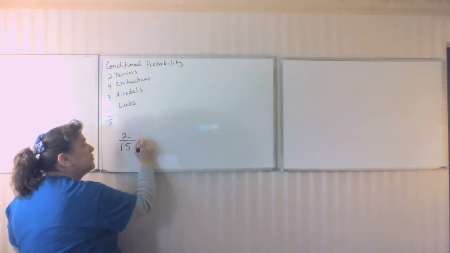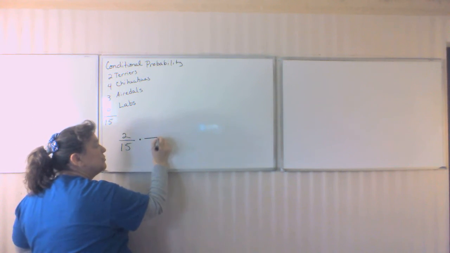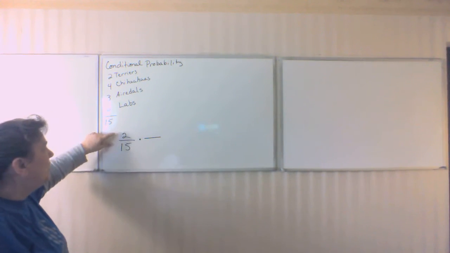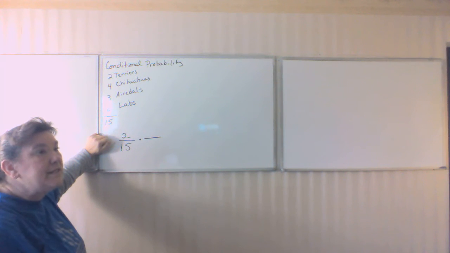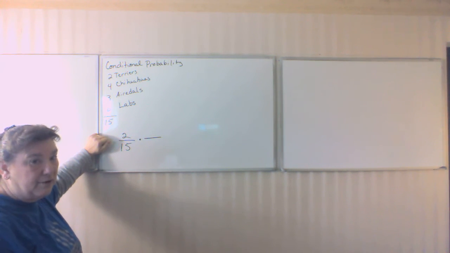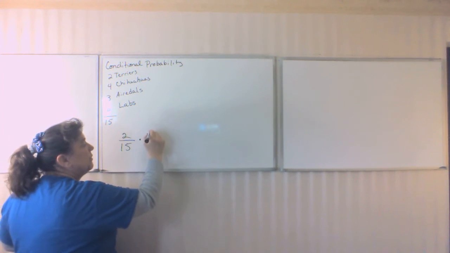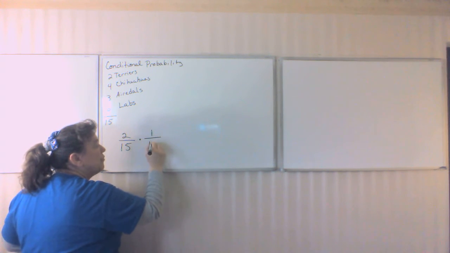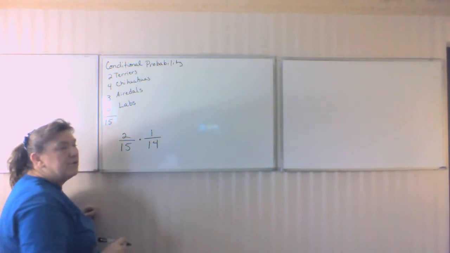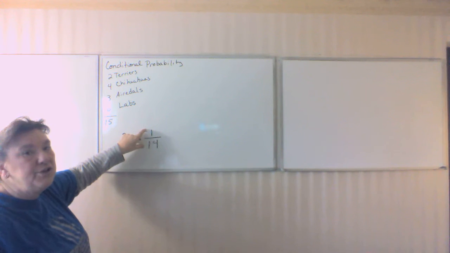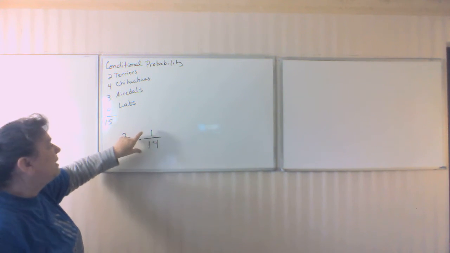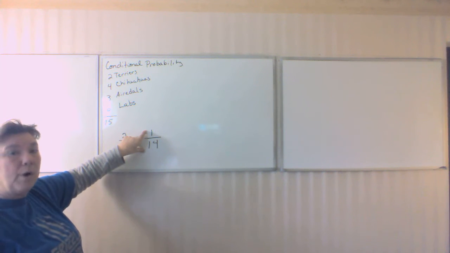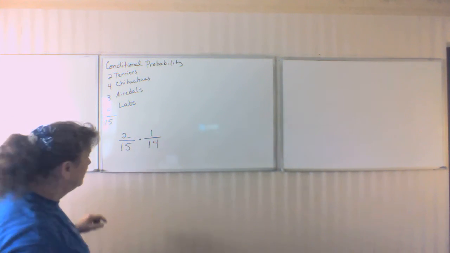But boy number 2, when he goes to draw, since boy number 1 drew a terrier, what is his chance of drawing a terrier? Well, there's only going to be 1 terrier left and 14 dogs. So as you notice, the number changes now. If this one got a terrier, then he has only a 1 out of 14 chance of getting a terrier.